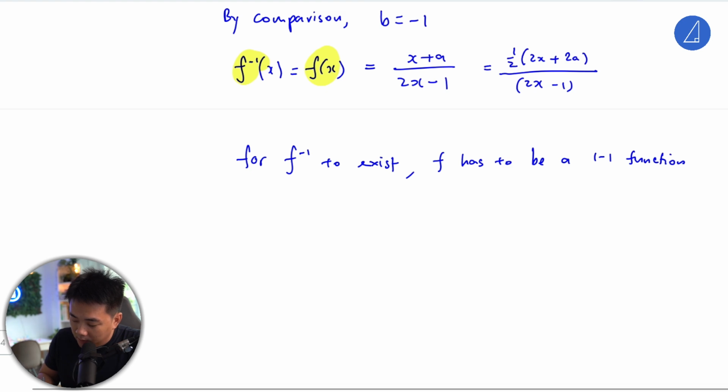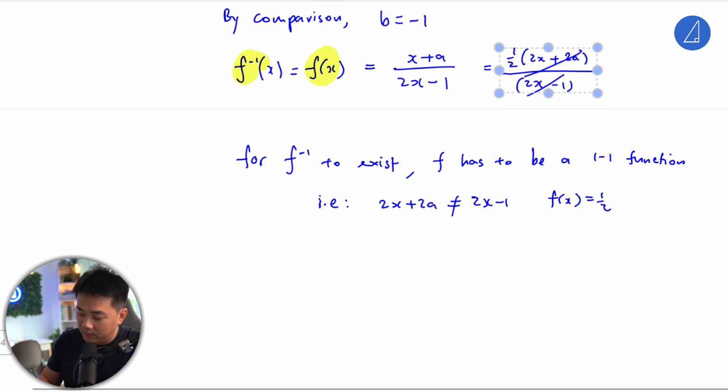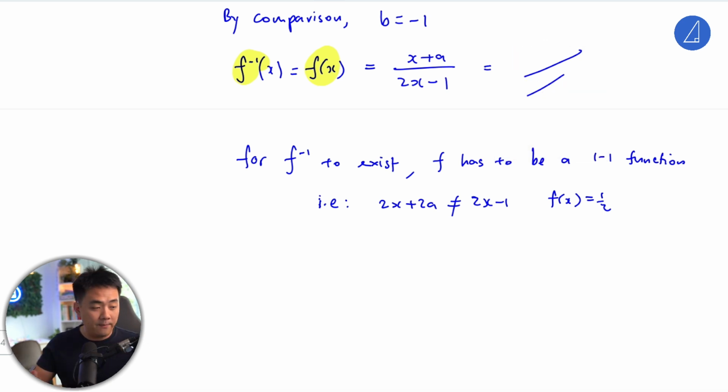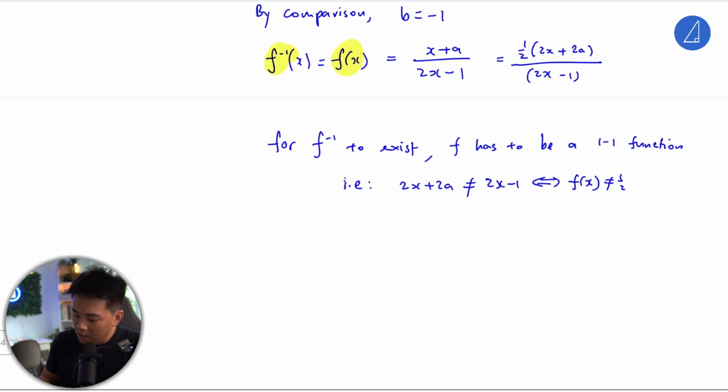So in other words, what you want to achieve is 2x plus 2a cannot equal 2x minus 1. When these two are equal, you do not want f(x) to be half. So if these two cancel out, it will be half. Understand? So that's the idea there. So a cannot equal minus half.